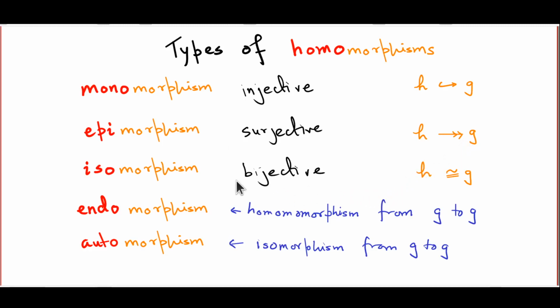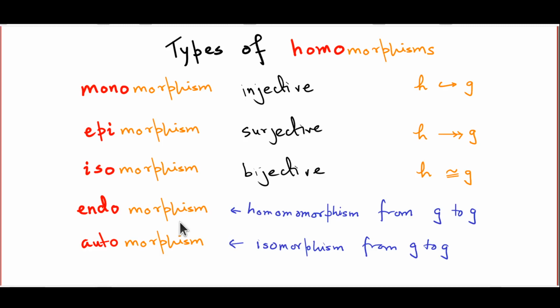As I said, the most important kind of homomorphism is an isomorphism, and that is when a homomorphism is bijective. That is, it's both injective and surjective, and frankly, if you have an isomorphism between two Lie algebras, they are essentially the same Lie algebra.